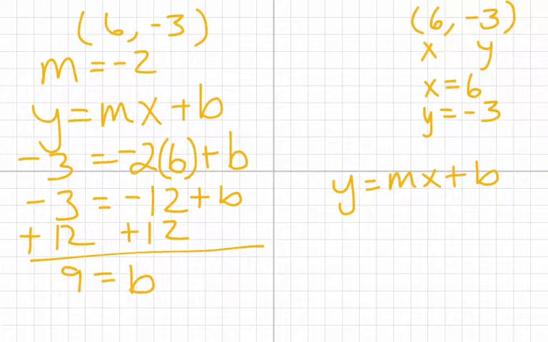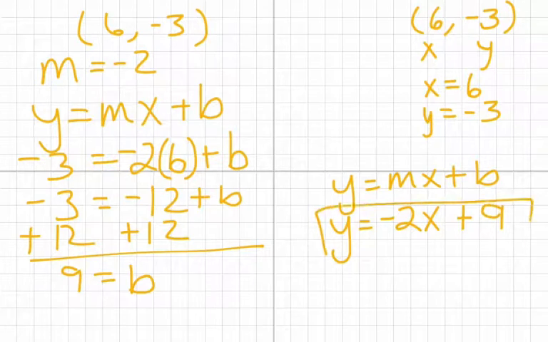If you don't give it back, then you're stealing it. So we borrowed the x and the y value. We borrowed the 6 and the -3, but we don't want to keep them. We're going to give them back so that we have y. We're going to keep that slope because that's one of the numbers we need. And now instead of a b, we have a 9. And so we get the equation y equals -2x plus 9.